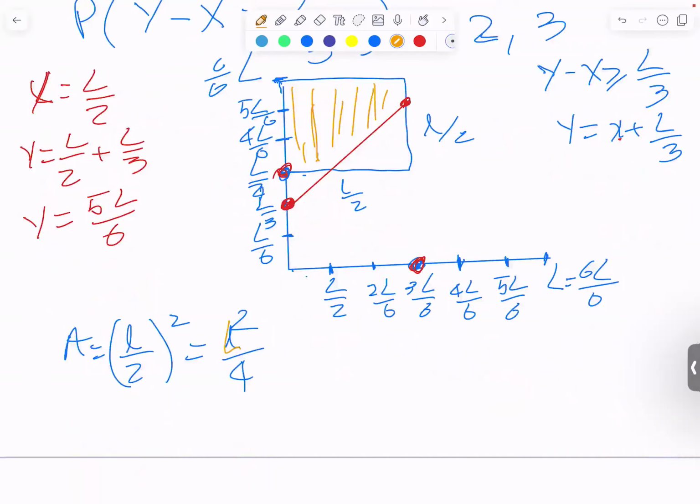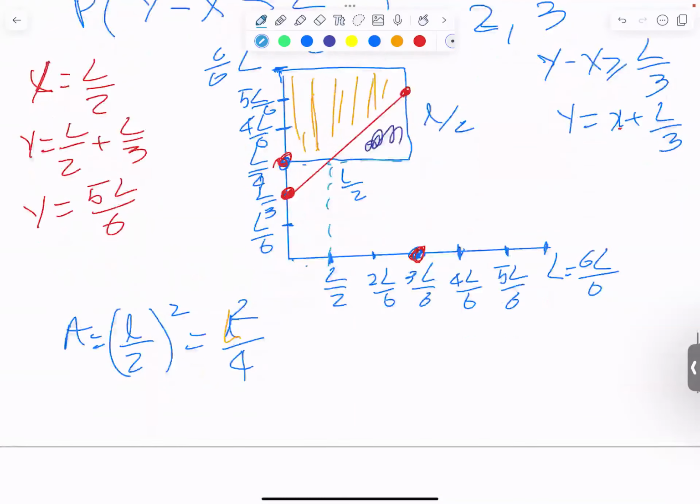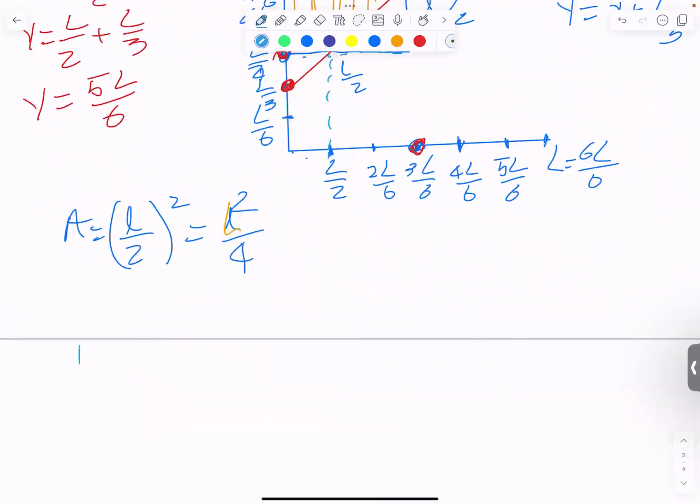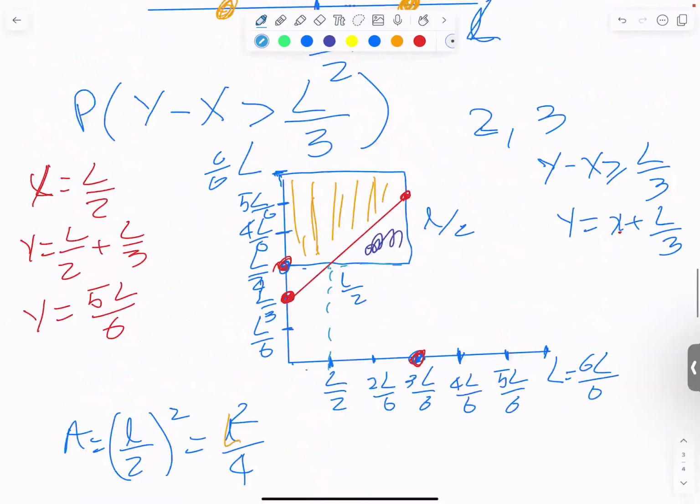Now, let's do the area here. The area is going to be the area of the whole thing minus the area of the triangle. This triangle here has area 1/2 times the base times the height. So the area of the region is going to be the whole area, which is L squared over 4, minus the area of the little triangle.